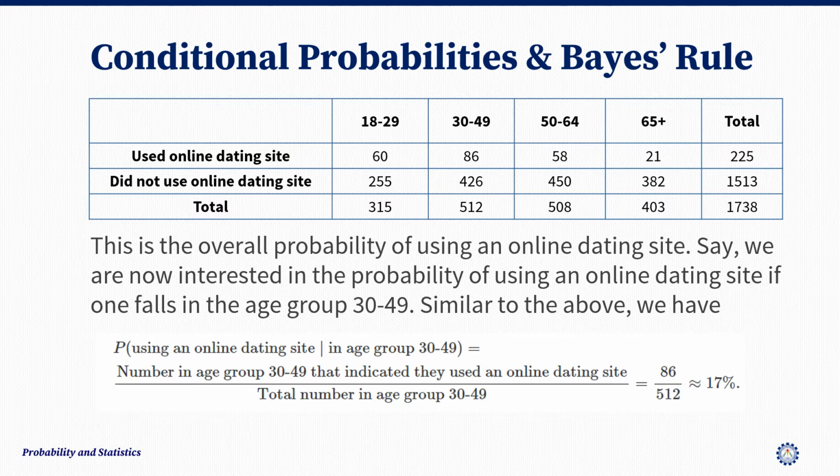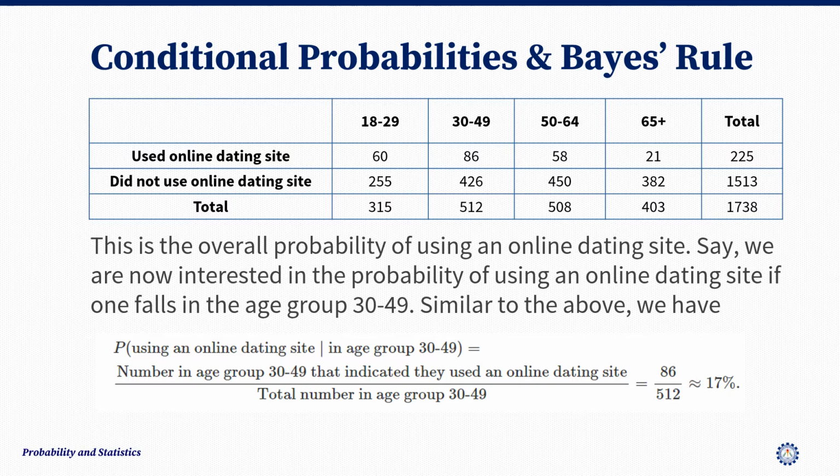This is the overall probability of using an online dating site. Say we are now interested in the probability of using an online dating site if one falls in the age group of 30 to 49. Similar to above, the probability of using an online dating site given that one is in the age group of 30 to 49 will be equal to the number in age group 30 to 49 that indicated they use an online dating site over the total number in age group 30 to 49.